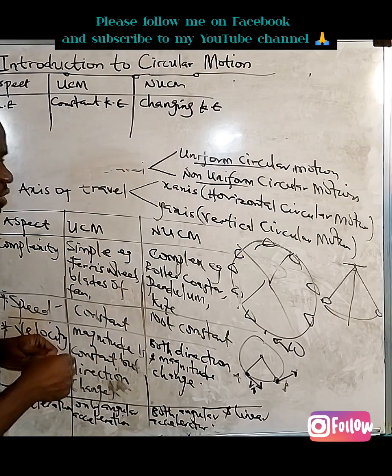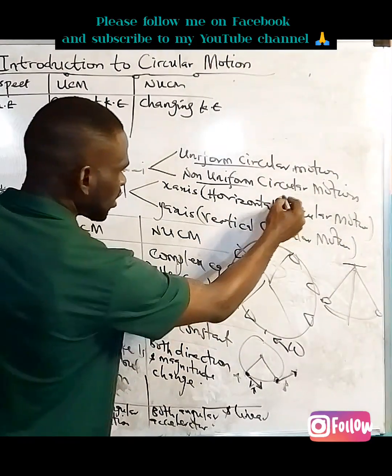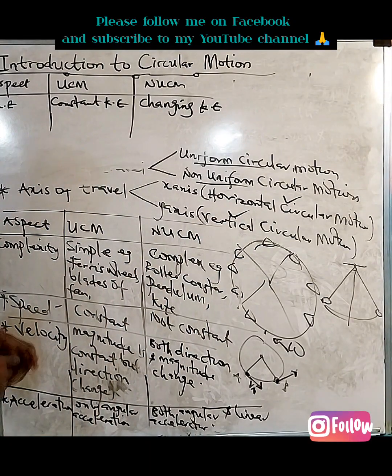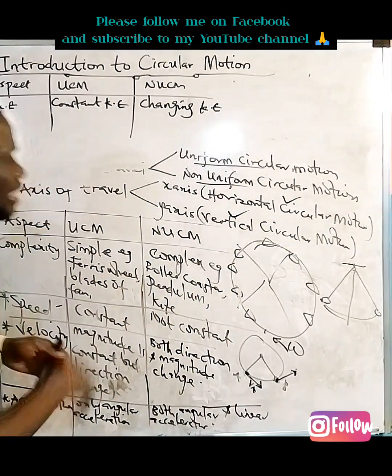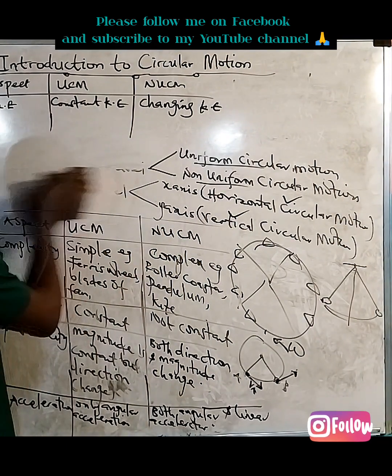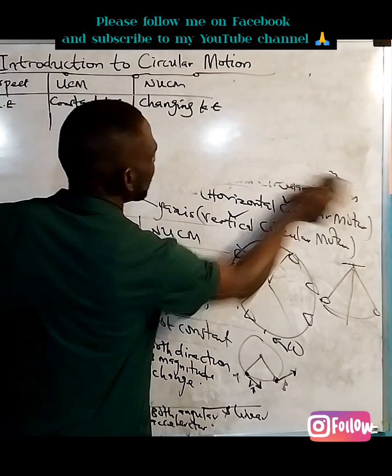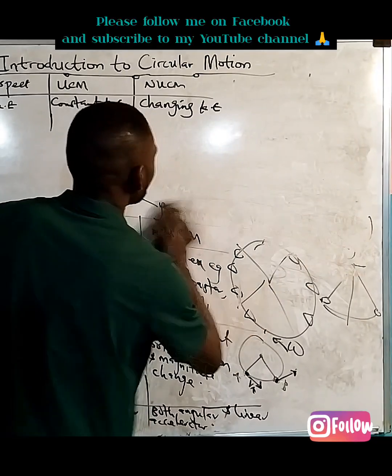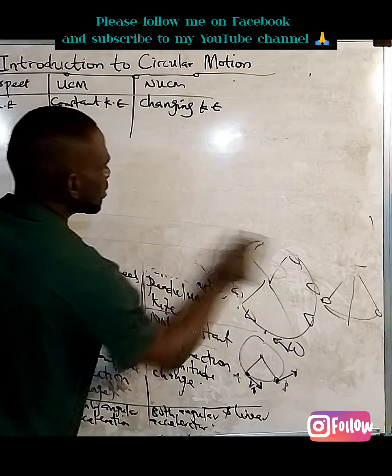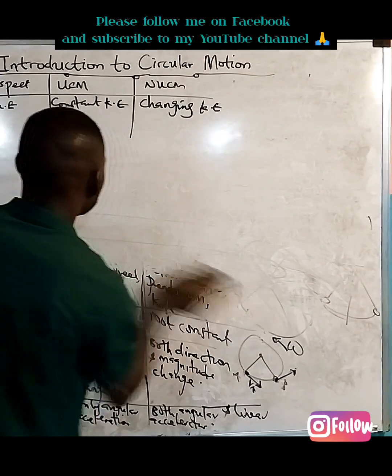From here we're going to be moving on directly to the horizontal and the vertical circular motion. Let's quickly discuss that. Let's look at the differences between the horizontal and the vertical circular motion.